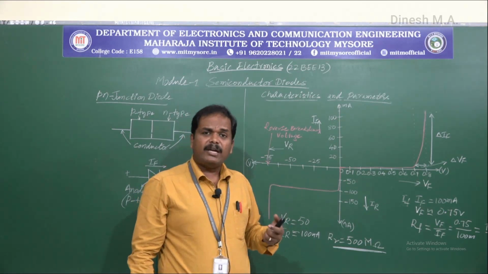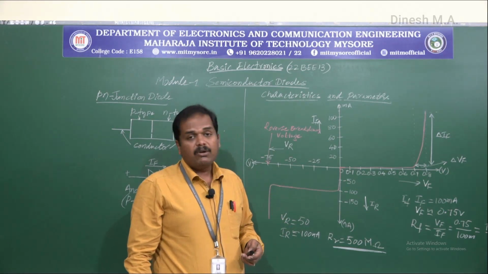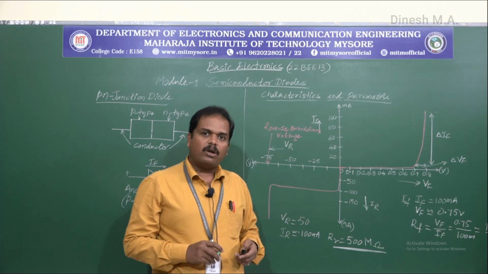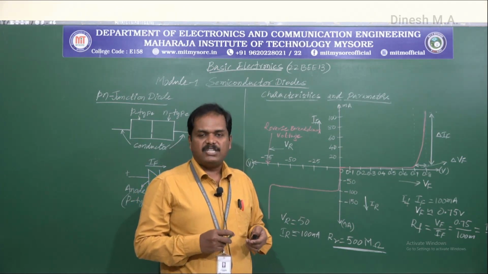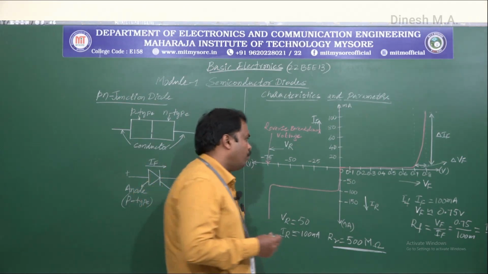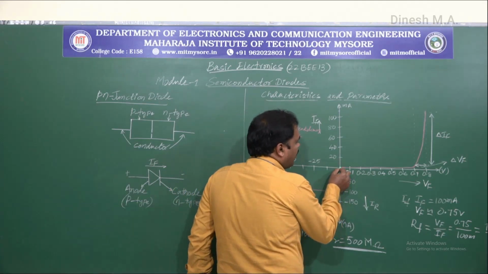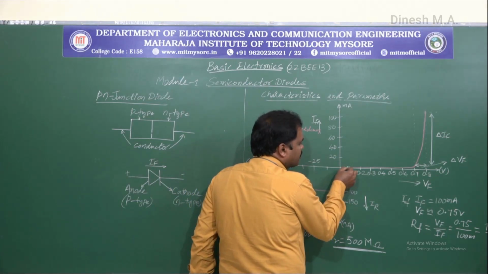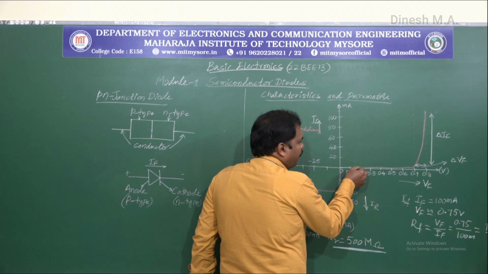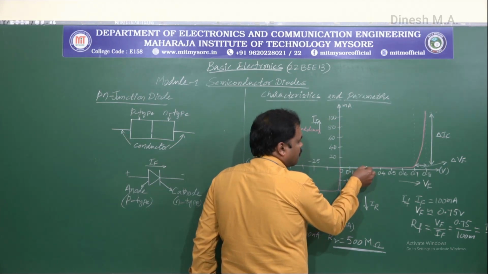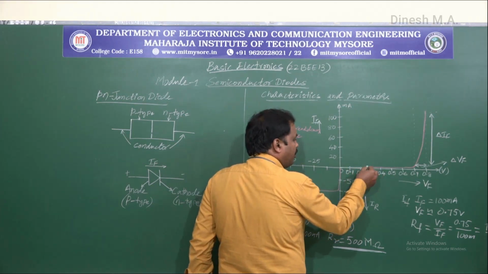Now when a germanium diode is forward biased, because the knee voltage or the cut-in voltage of a germanium diode is 0.3 volts, the forward current would be almost zero till the forward voltage crosses 0.3 volts.